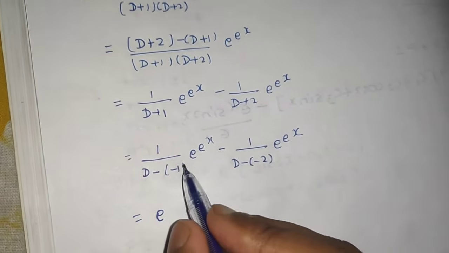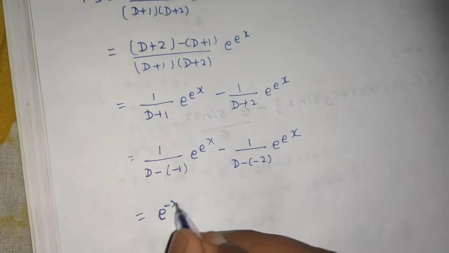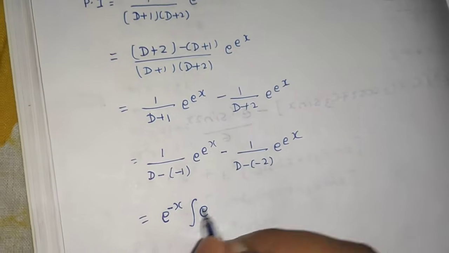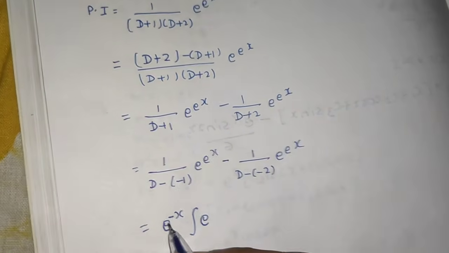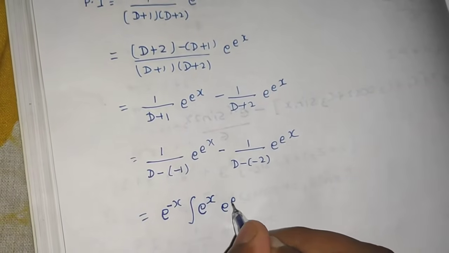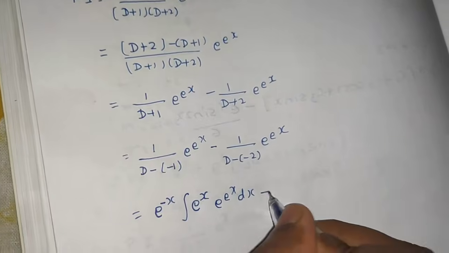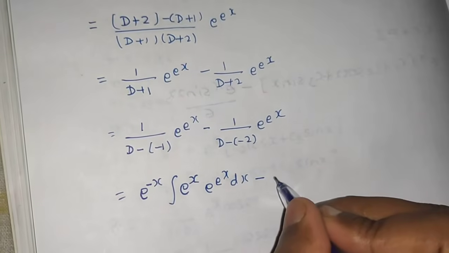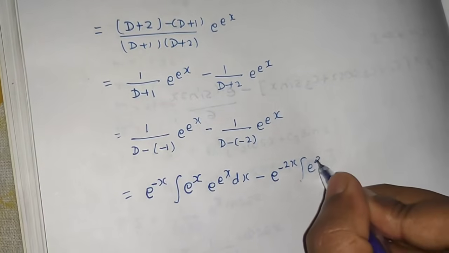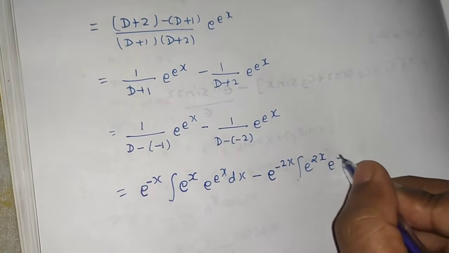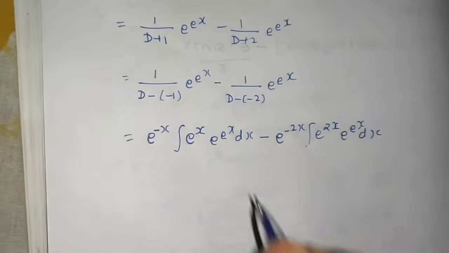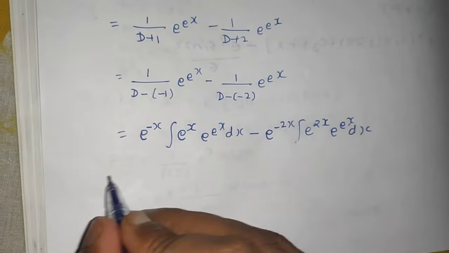Alpha here is minus 1, so e power minus x integral of the opposite, e power x into Q, which is e power x, dx, minus e power minus 2x, integral of e power 2x operating on e power x, dx. So easy looking integrals.